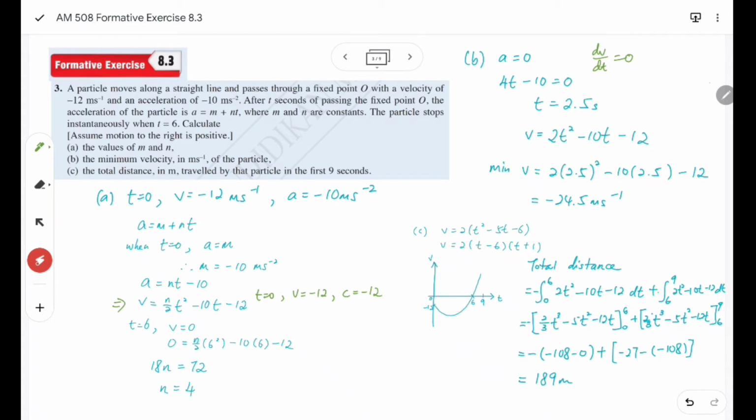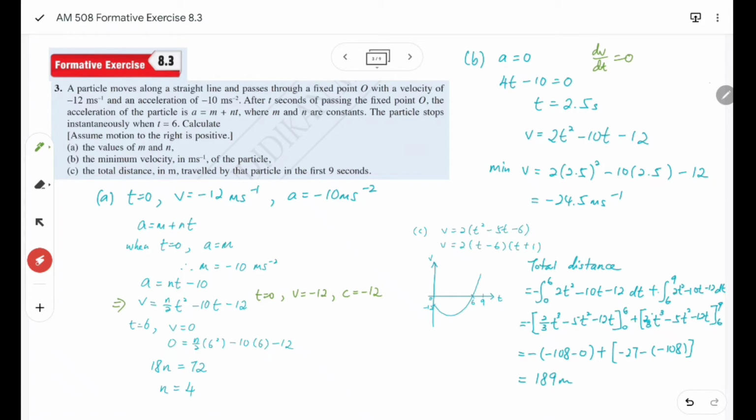If we want distance, which is a scalar quantity that's only positive, we need to times a negative to it so that the negative becomes a positive value. So we first times negative to the integration from 0 to 6 of v dt, plus 6 to 9, this part is above the t-axis, therefore the integration here will be positive. We just need to add the positive terms.